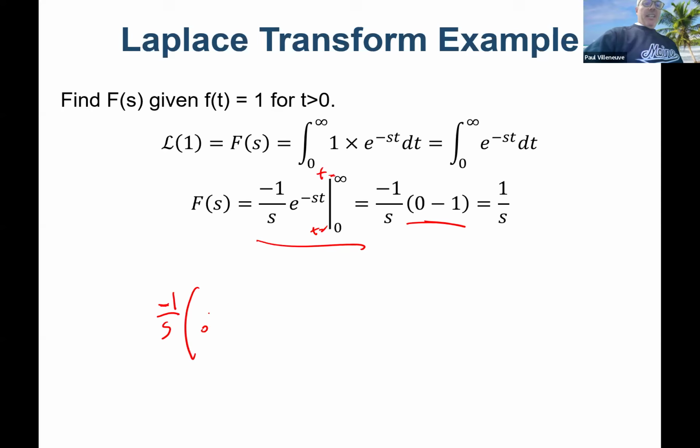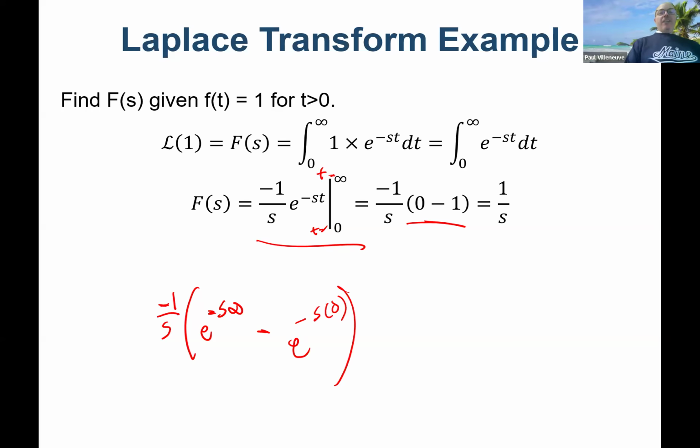Now I'm going to plug in e to the minus s times infinity, right? Because that's the upper integration limit. And then I subtract from it e to the minus s times 0, the lower integration limit. And I've done evaluating at the limits.